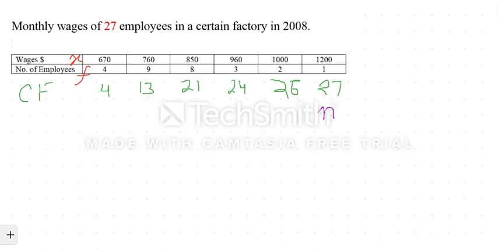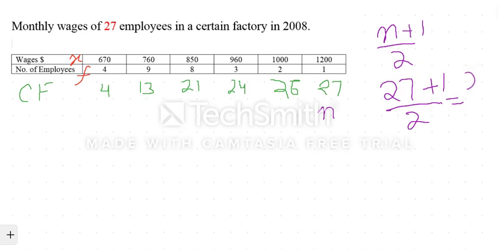The formula to find the location of the median is n plus 1 divided by 2. The n is 27 here, plus 1 is 28, divided by 2, so it is the 14th position. The median is on the 14th position.